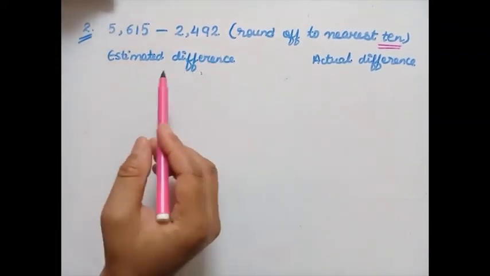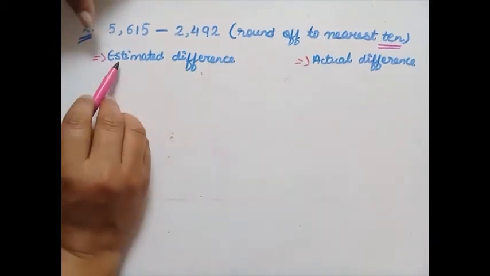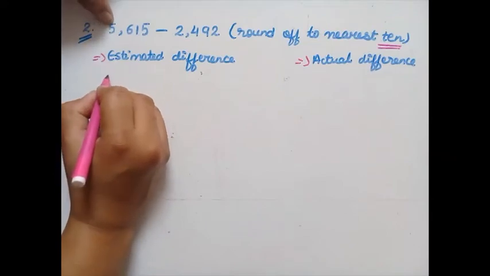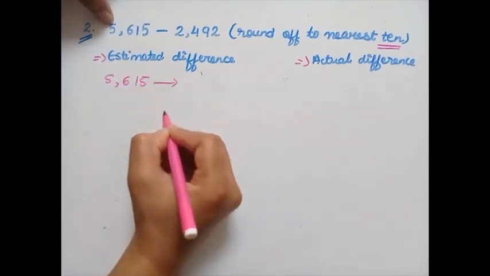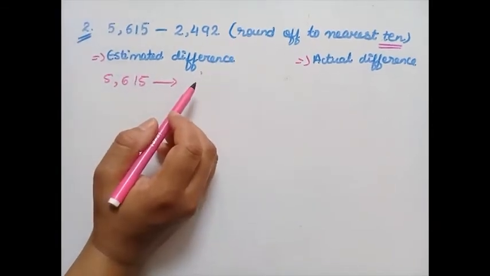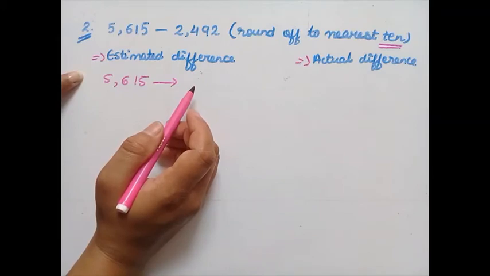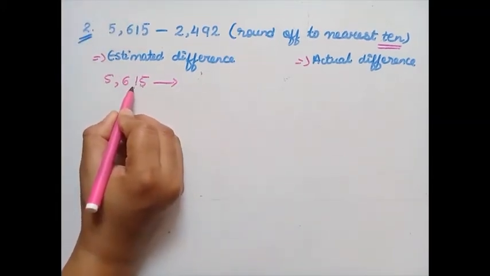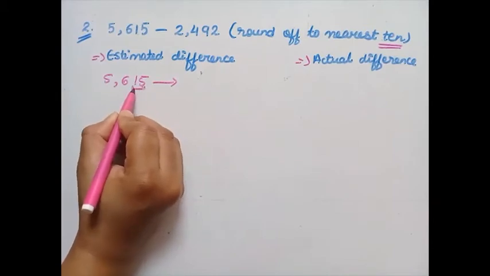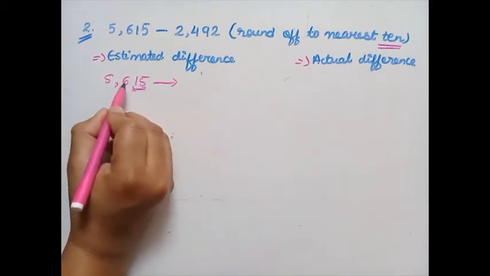So estimated difference: you have to find this and this also. For the estimated difference, first note down the first number 5615, put an arrow here. Here we have to round off this number to the nearest tens. So ones and tens, the only two numbers, mean we have to change only these two numbers, no need to change these numbers.